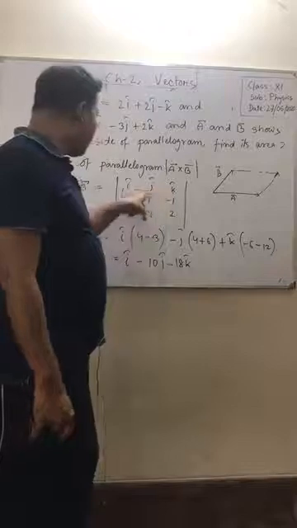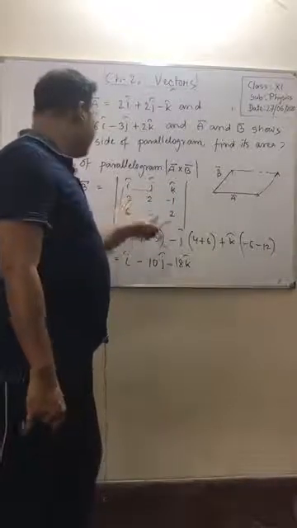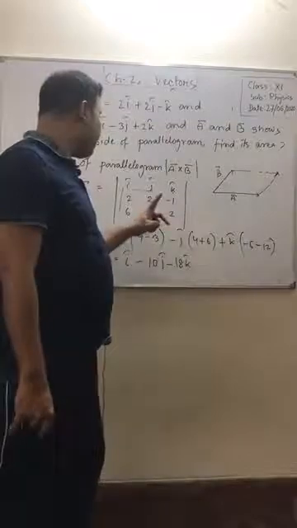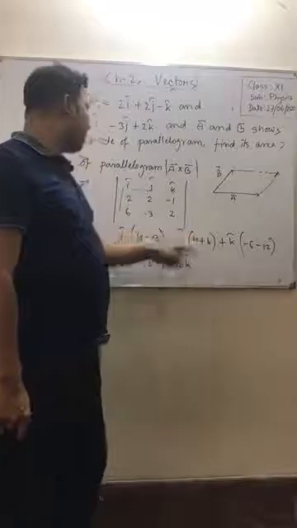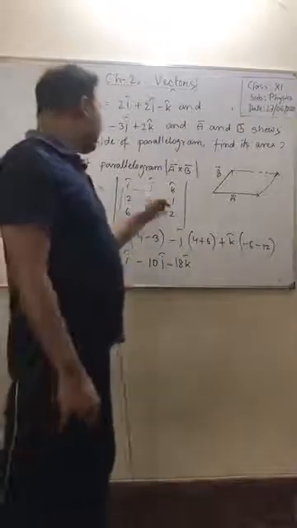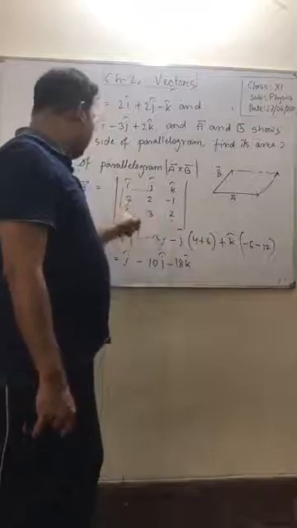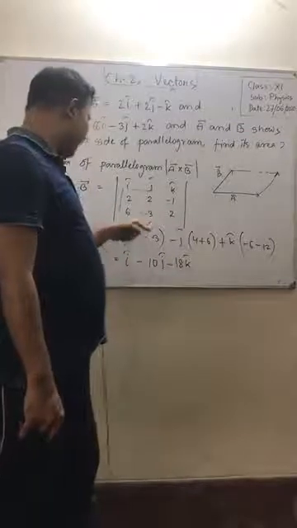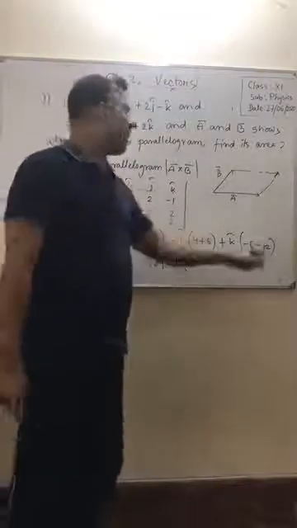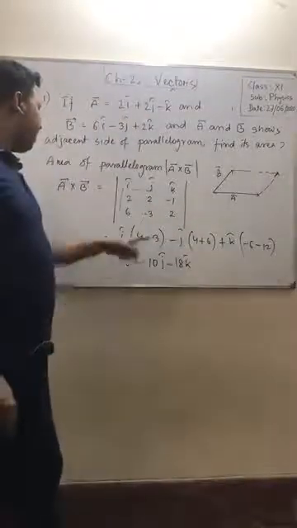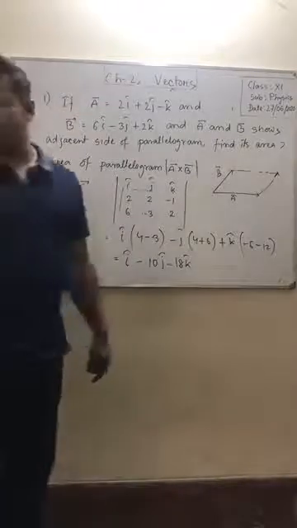Then the j block is closed, and what is coming in? 2 times 2 is 4. Minus sign from the formula, minus and minus means plus, 1 times 6 means 6. Again k block is coming in, this one is closed. Minus 3 minus 2 minus 6 multiply, then minus 6 times 2 is minus 12. So it's coming in 4 minus 3 i minus 10 j minus 18k. Understand?